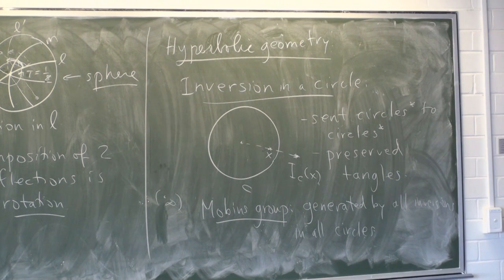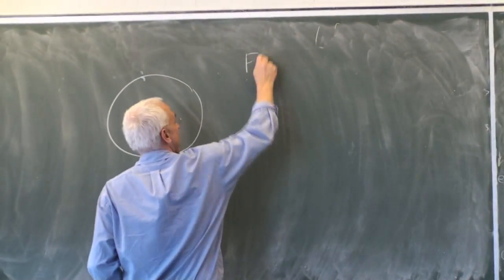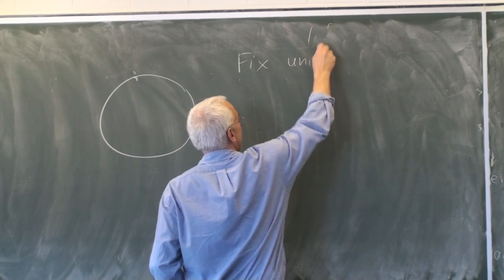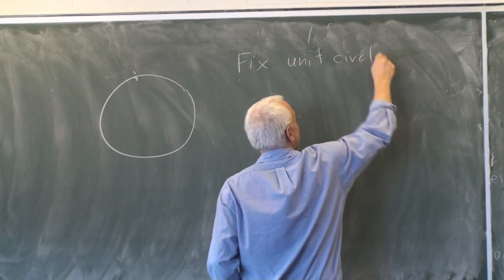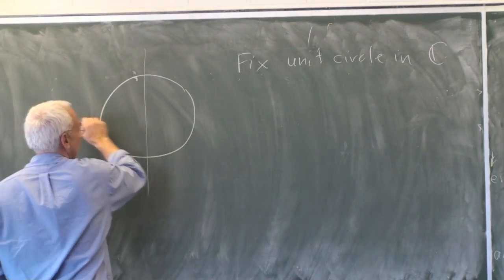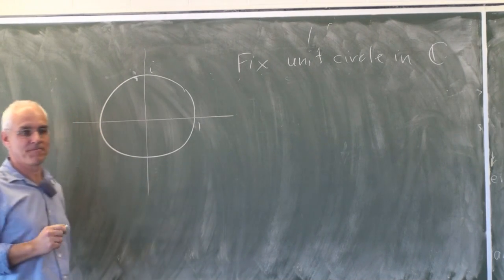All right, so what we're going to do is fix a circle, and it might as well be the unit circle. Fix the unit circle, let's say in the complex plane, just to be specific. So there's 1 and there's i and so on.